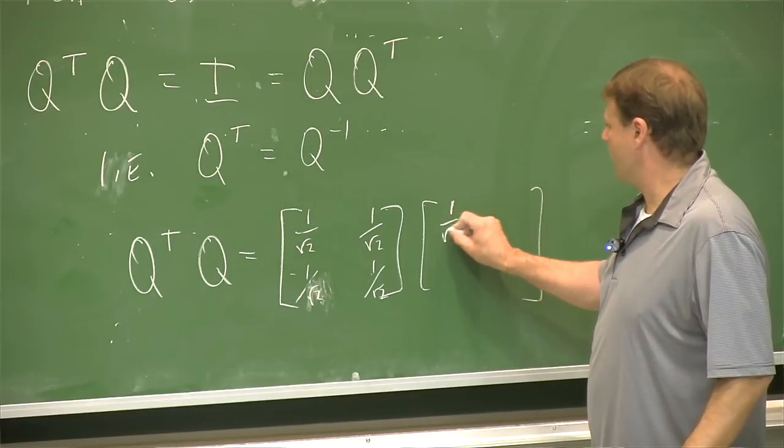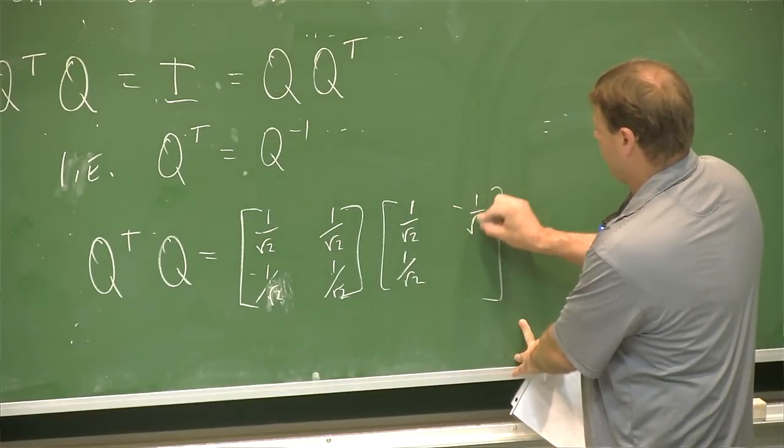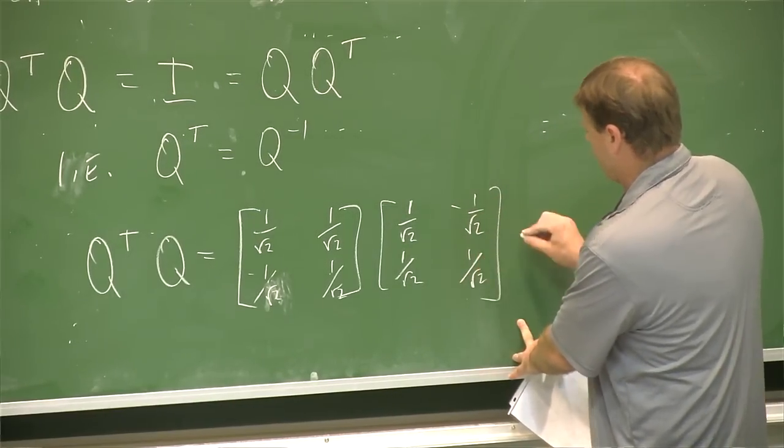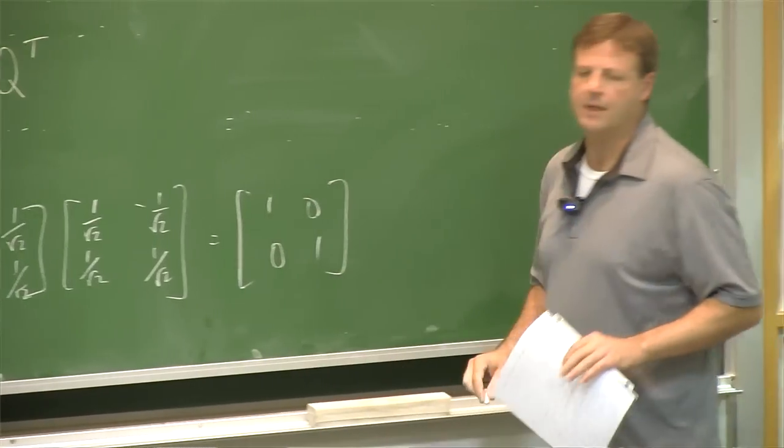And I have 1 over root 2. I'll let you verify that that gives you the identity.